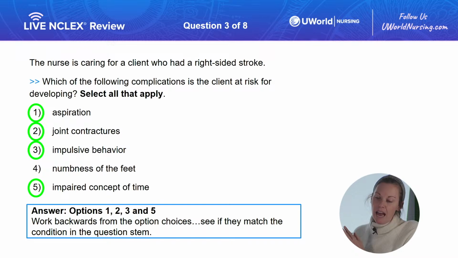Whenever we're talking about a right-sided stroke, the right hemisphere of our brain is typically associated with spatial processing, and it's going to be activated for activities like emotion, art, and music.